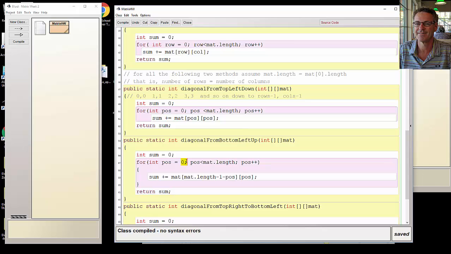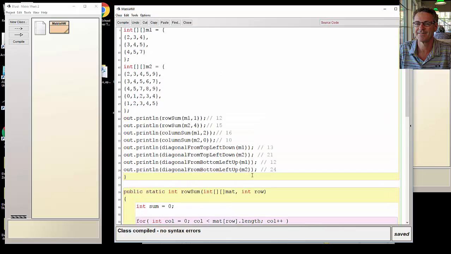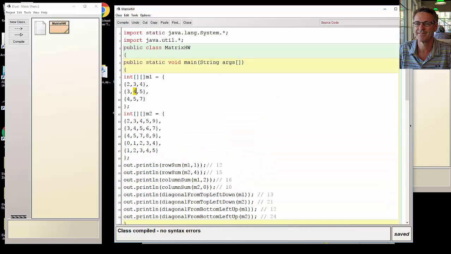Then POS goes to 1. And now it's mat.length 3 minus 1 is 2 minus 1 more when it increments. And that makes it 1. POS is 1, so it's 1, 1. And so I'm in 1, 1. I'm going up towards the right to that 4.